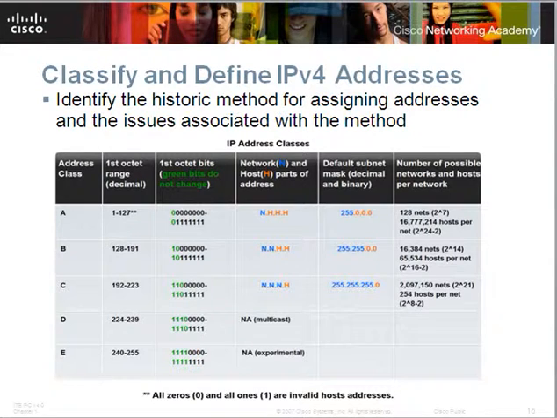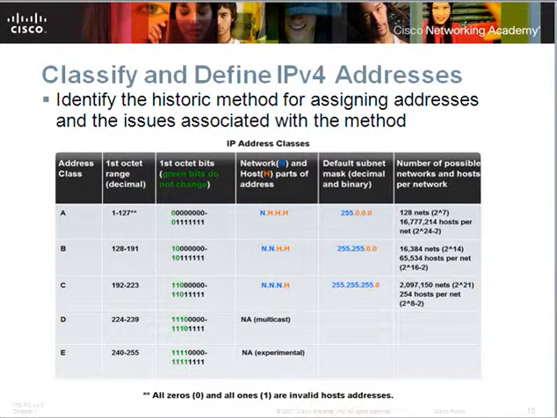Class C has the pattern 110, and it varies from 192 to 223. Class D has the pattern 1110, that is 224 to 239. Then we have class E, the remaining one.